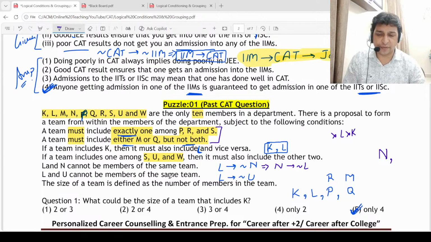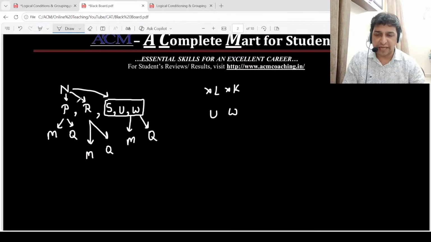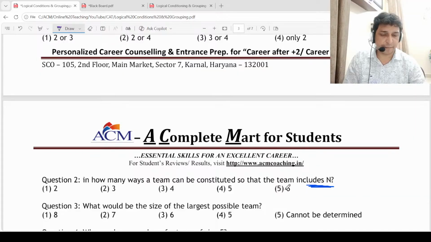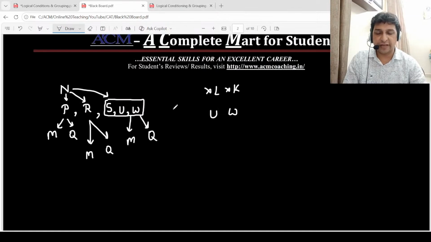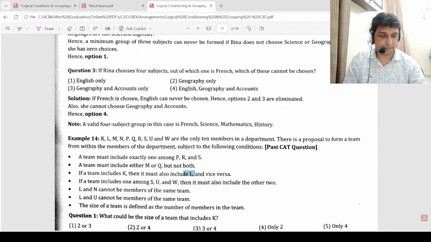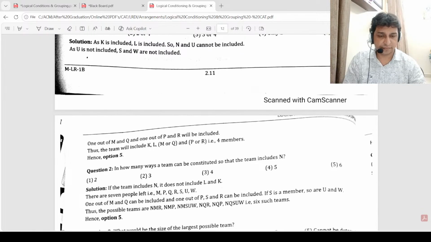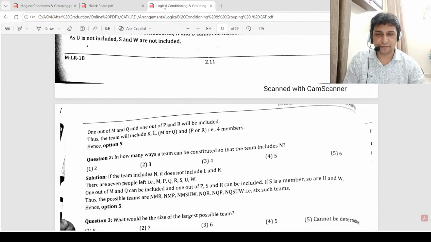And L and U cannot be members of the same team. Now in any team, we do not have L along. So the answer to this question is going to be 6 ways that we can constitute this team, right?